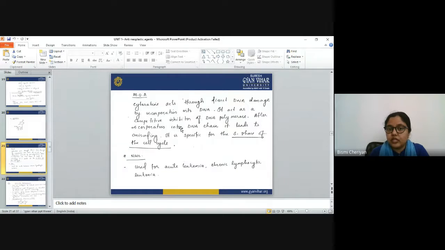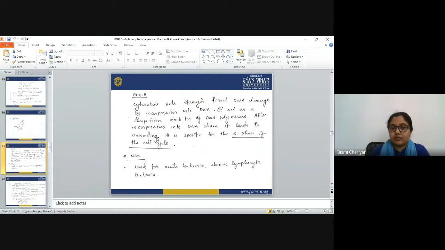After incorporation into the DNA chain, it leads to miscoding. I have explained what miscoding is. Normally guanine base pairs with cytosine, whereas adenine normally base pairs with thymine.